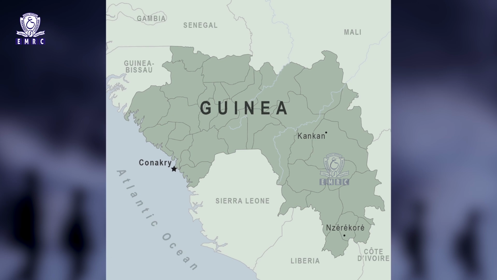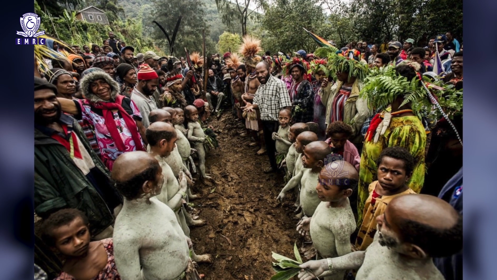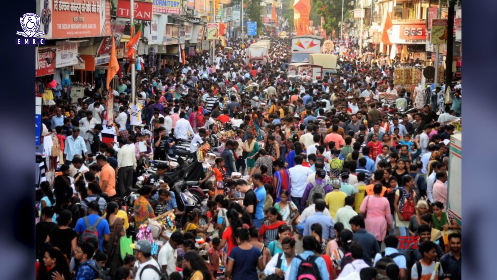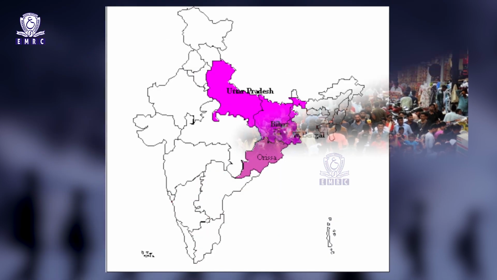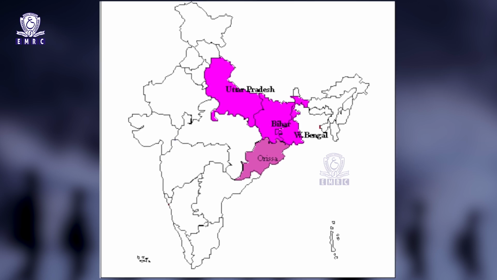Indians began to reach the West Indies around 1840. Their number was the largest in British Guiana and Trinidad, where there are over 2 lakh Indians in each. At present, they number nearly 3 lakh and constitute more than half of the population. These immigrants are mainly from Bihar and Uttar Pradesh.